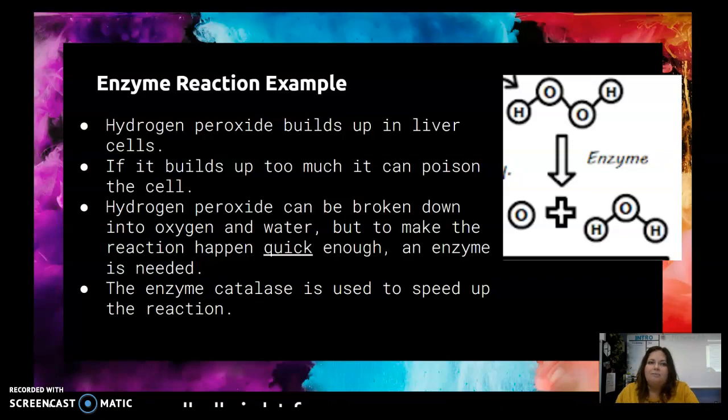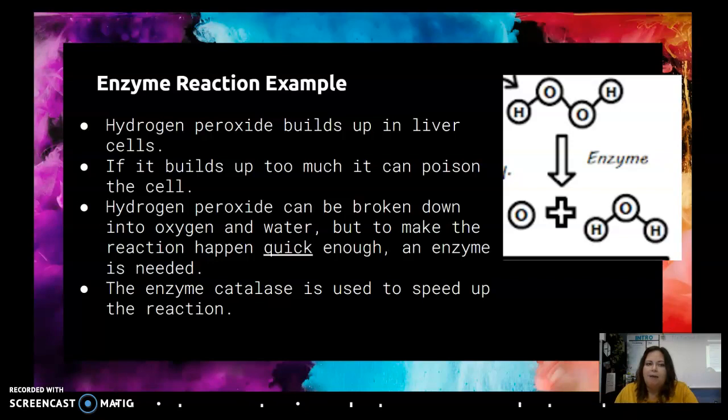All right, for our example, we're going to look at hydrogen peroxide in the liver cells, okay? Hydrogen peroxide naturally builds up in our livers. Well, the problem is if we build up too much, it actually becomes toxic and it can poison the cells. So our liver has to be able to break down that hydrogen peroxide into non-toxic substances.